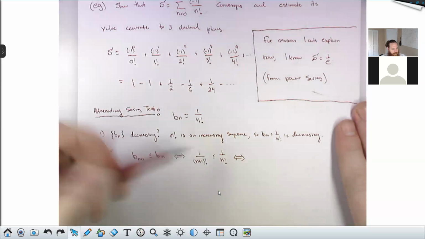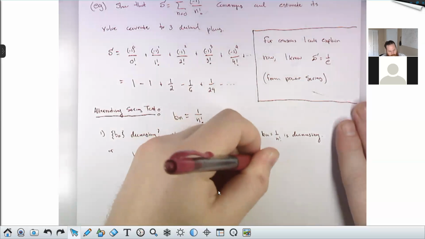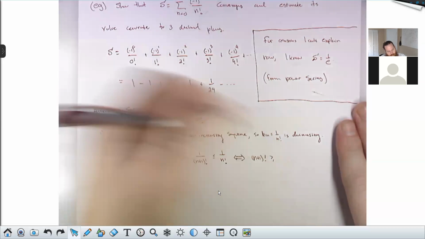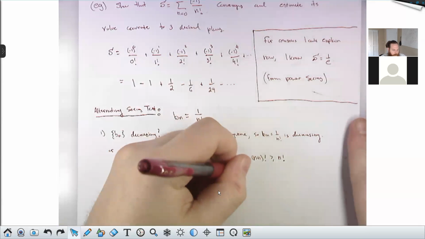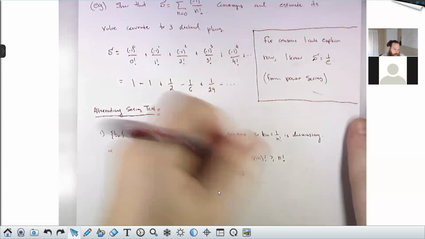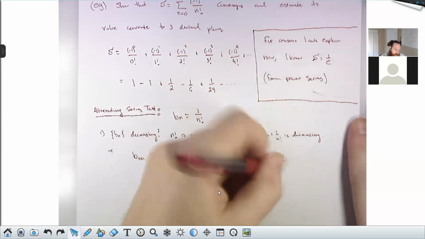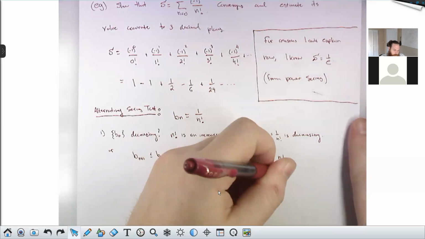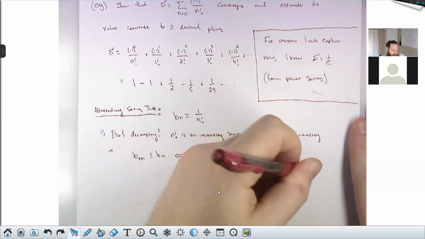So one way to do that would be to take reciprocals, which flips the sense of the inequality. And then we can write out the factorials. (n plus 1) factorial is (n plus 1) times n times (n minus 1), all the way down to 3 times 2 times 1.